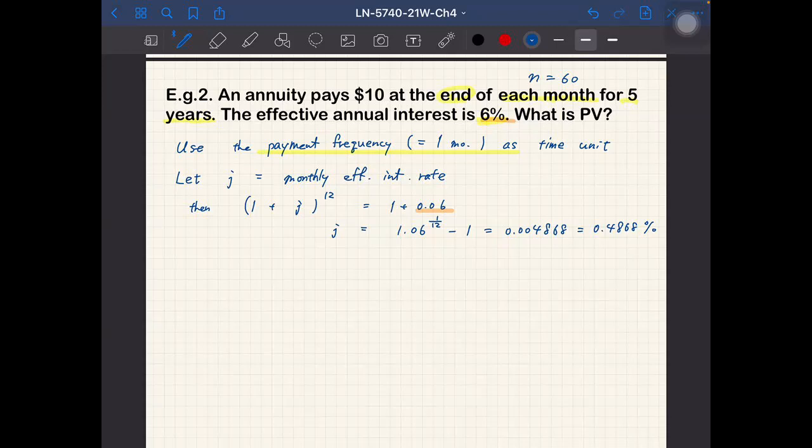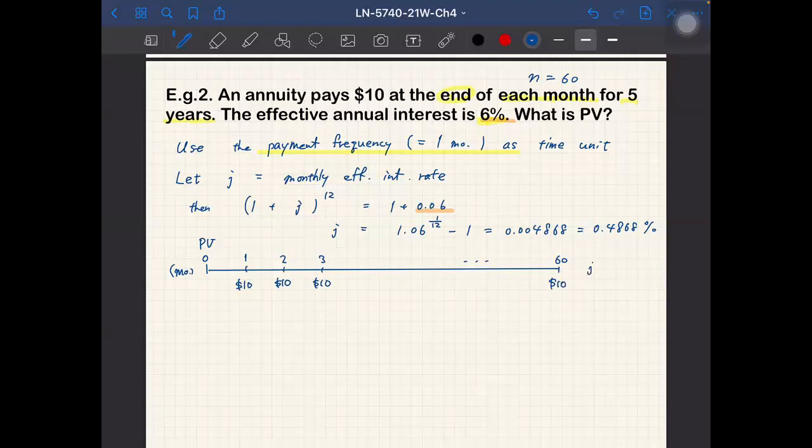Now we can think about the present value of the annuity. If we make the time unit monthly, then we have 60 months, 1, 2, 3, up to 60. Everything is monthly, and the present value is here. Every month we receive $10, and the interest rate is 0.4868%.